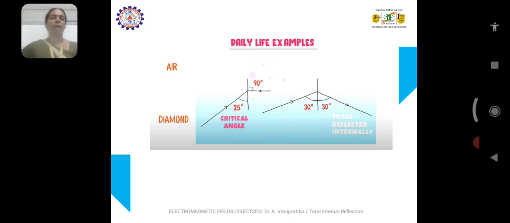Another example is air and diamond. The same phenomenon occurs, whatever the medium is. The only thing is that the critical angle varies for every material. For example, for diamond it is in the range of 20 degrees. If the angle of incidence is greater than that, the ray is completely reflected back.